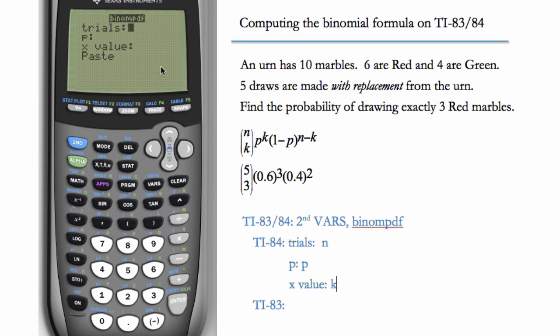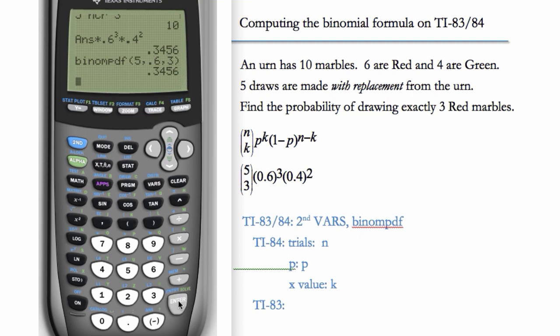In this example, n is 5, so we'll enter 5 here and enter to get to the next line. p is 0.6, enter, and the x value, k, is 3. So we've entered n, p, k. And now paste and hit enter, and we get the entire piece evaluated at once.